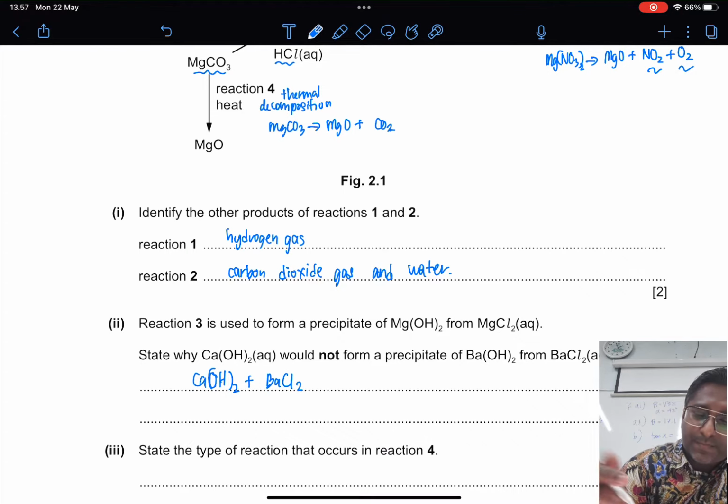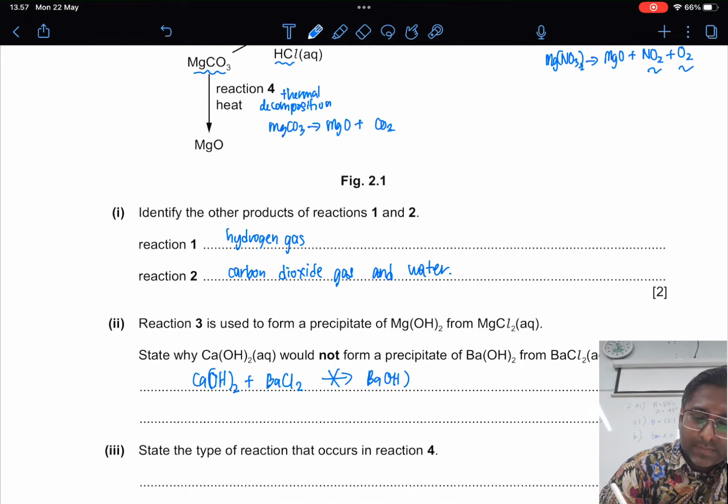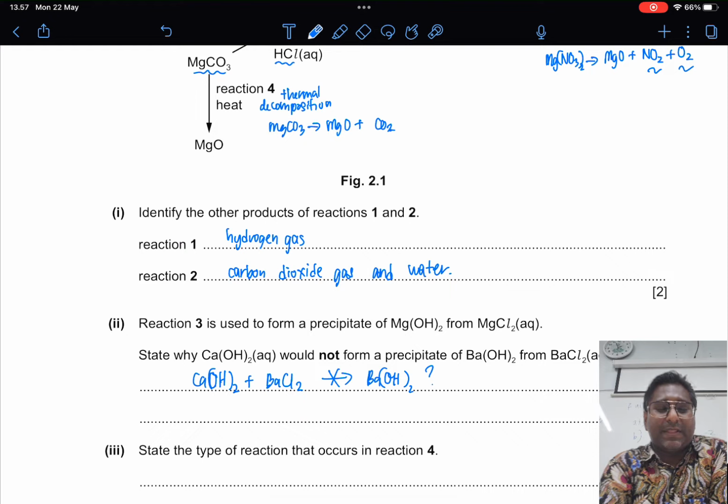Why can it not form barium hydroxide? Why can it not form this precipitate?